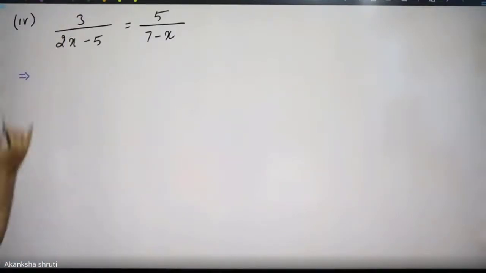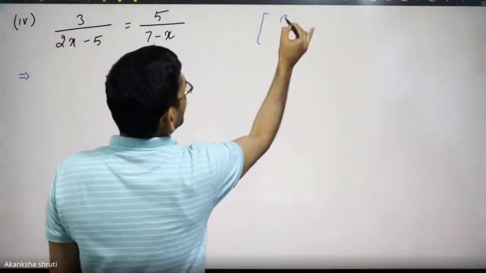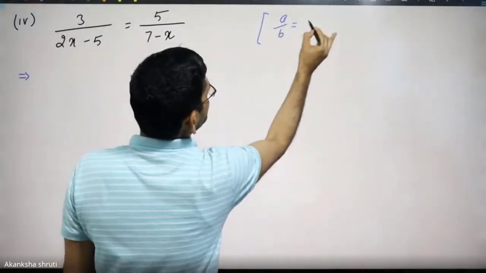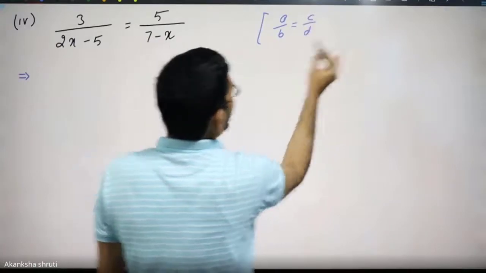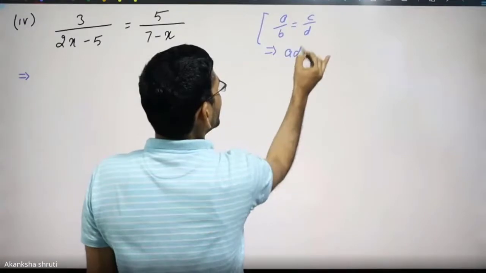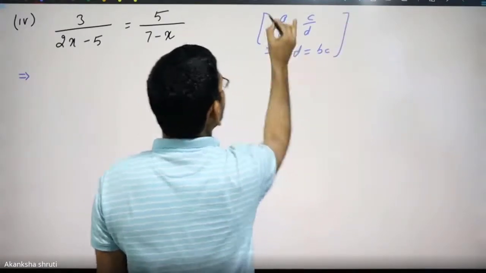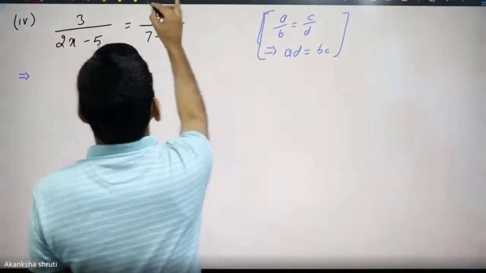Again, a student, the rule is the same. What is that? It is a by b is equal to c by d, then we can multiply them as AD is equal to BC. This is the only rule that we are going to use.